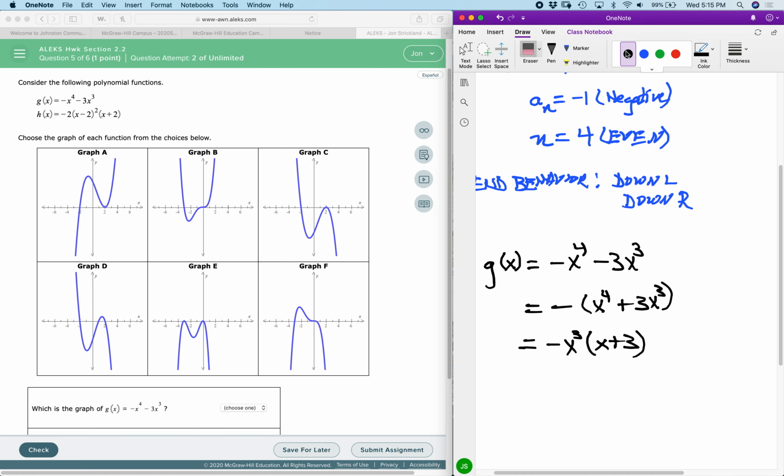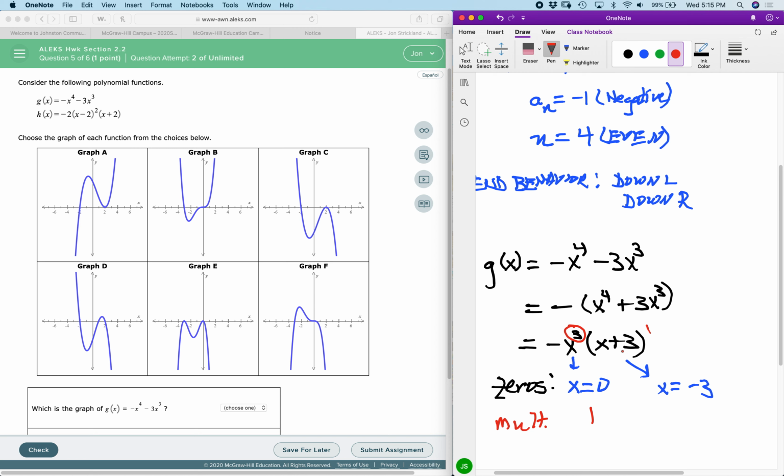So we have the zeros. From the first factor, we have x is equal to 0, and from x plus 3, I have x equal to negative 3. And with the multiplicity, x equals 0 has a multiplicity of 3, since that stems from x to the third.